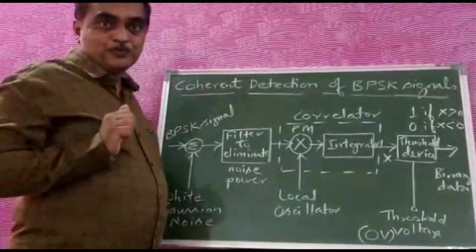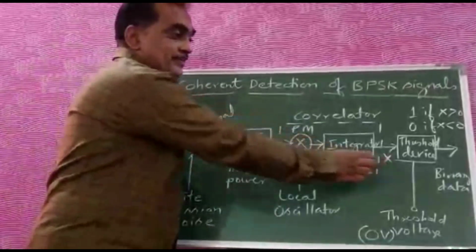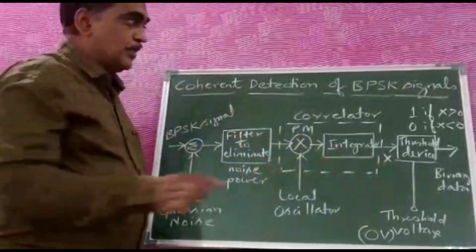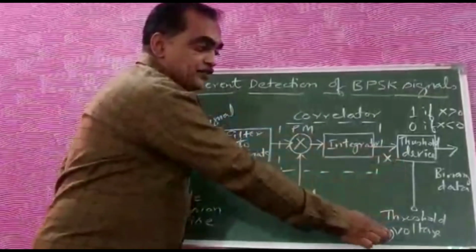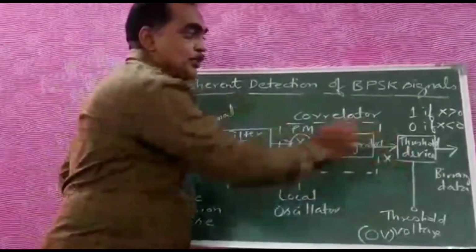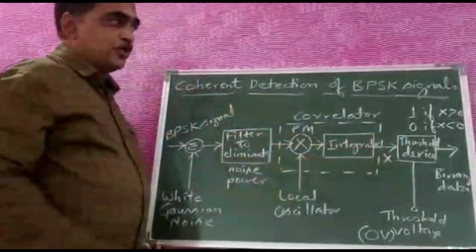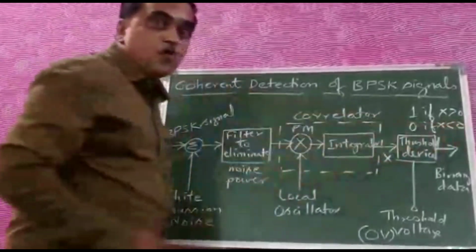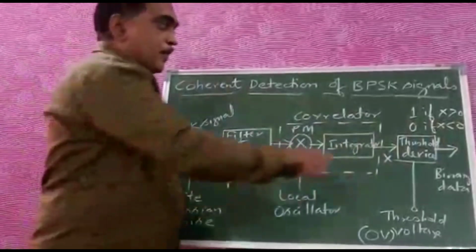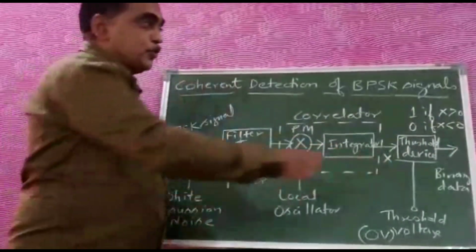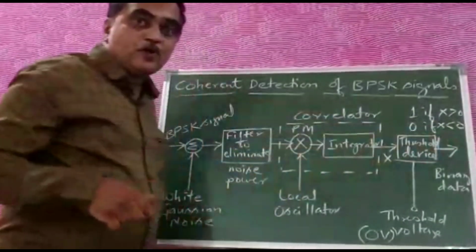Then this X will be either positive or negative, depending on whether the BPSK signal is carrying logic 1 or logic 0. Now that signal, whether X is negative or positive, is compared with 0 volt in the threshold device. Whenever X is positive, the threshold device will give an output of logic 1, and whenever X is negative, the threshold device will give an output of logic 0.